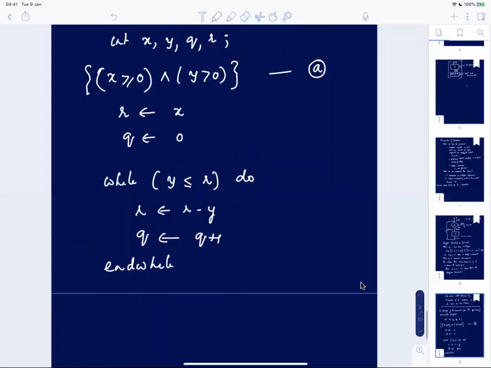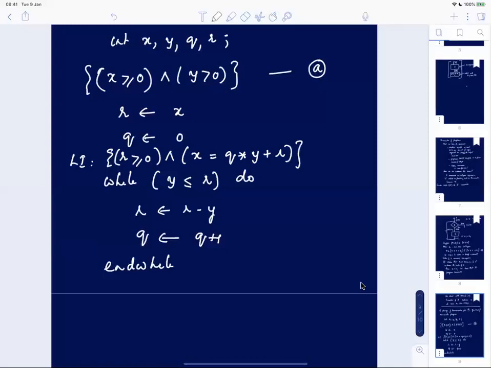So now, what might be the loop invariant? The loop invariant is basically something like this: r is greater than or equal to 0 and x is equal to q star y plus r.